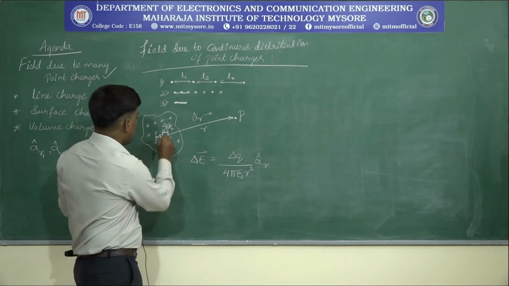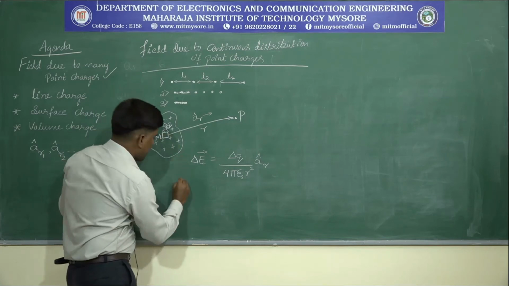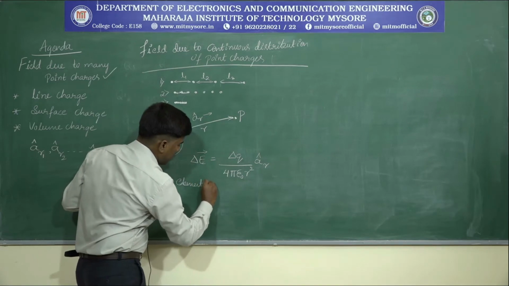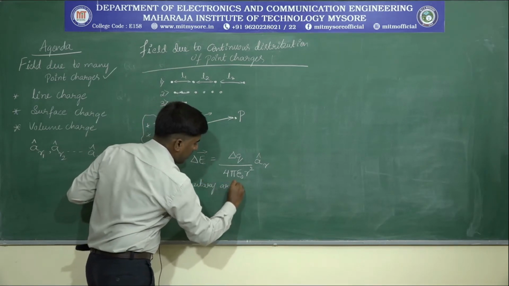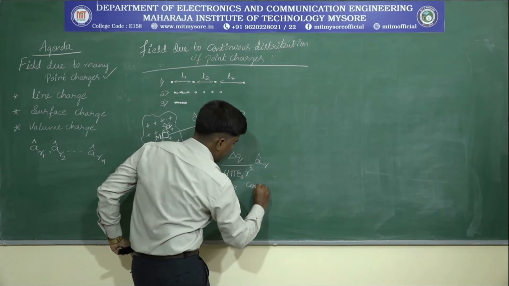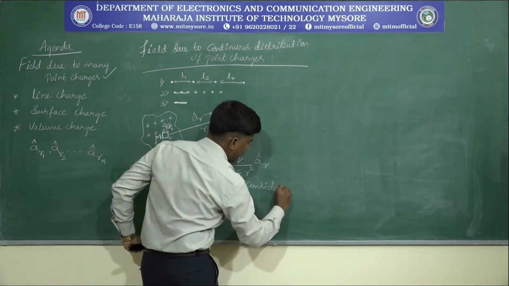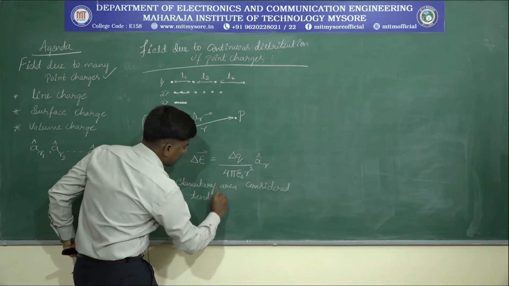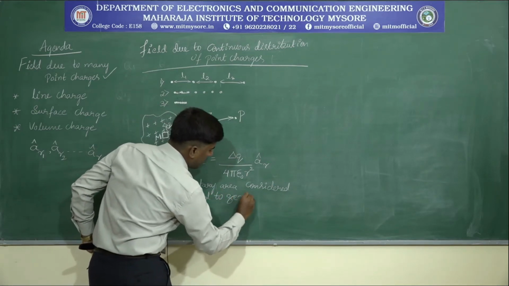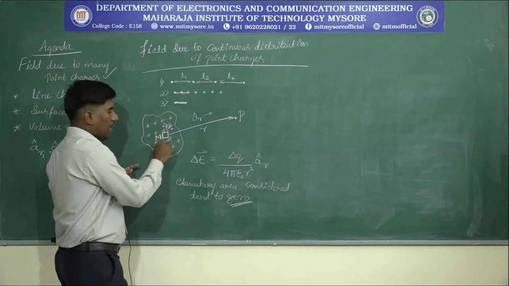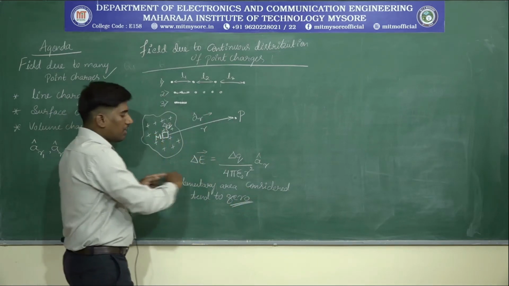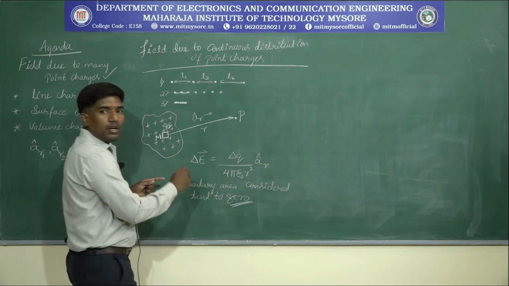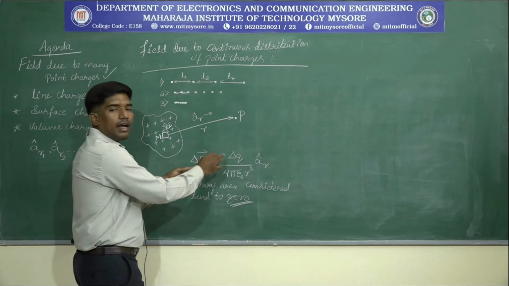That limit is, as this elementary area considered tends to 0. This is the limit we need to consider. As the elementary area considered tends to 0, delta E and delta Q become the differential parameters dE and dQ.